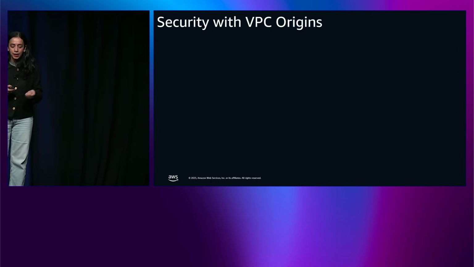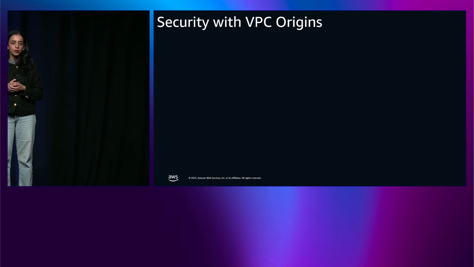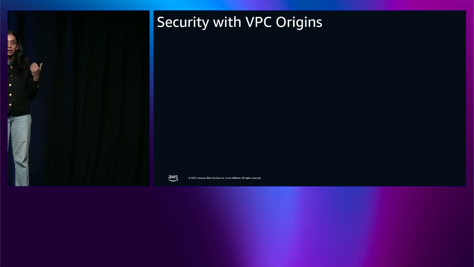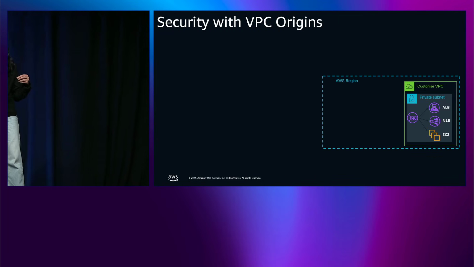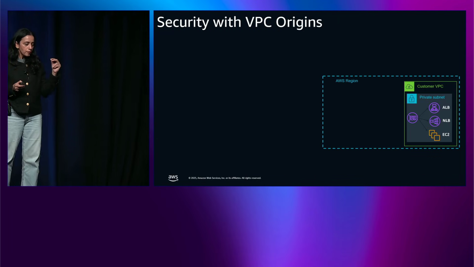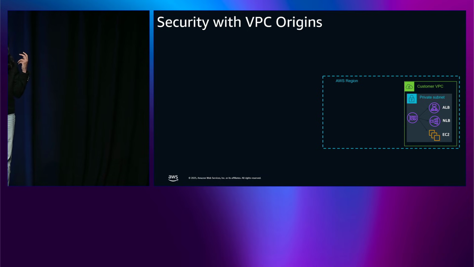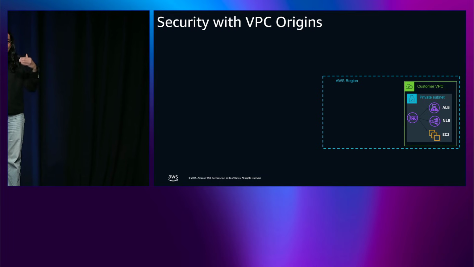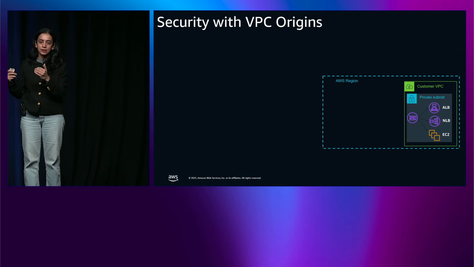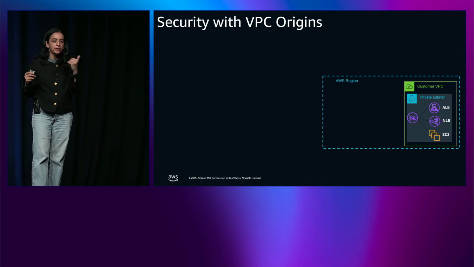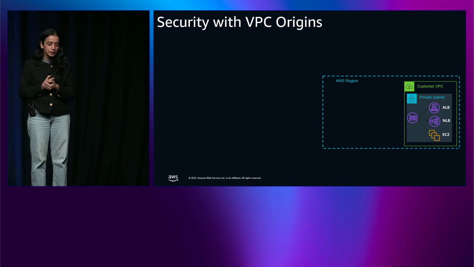The other factor is security for your origins that are running in private VPCs. I talked about this briefly, but I wanted to double click into this. So imagine that there is an application. In the case of Secure Shop, they have their homepage along with the login, the sign-in page, running on EC2 instances in a region, and it is fronted by an application load balancer.